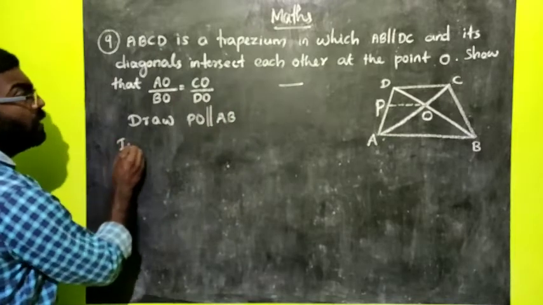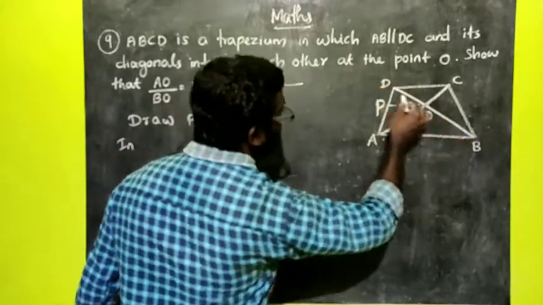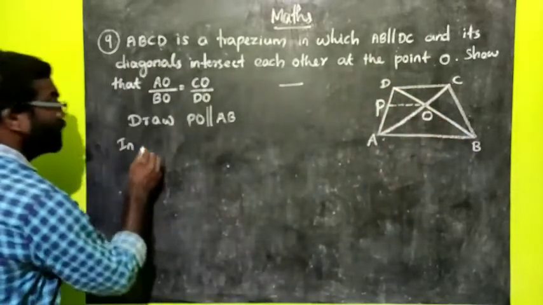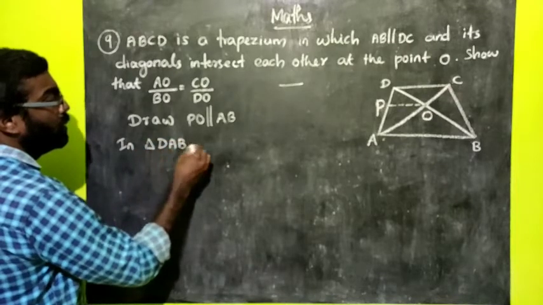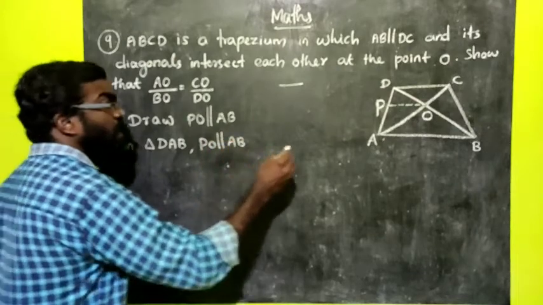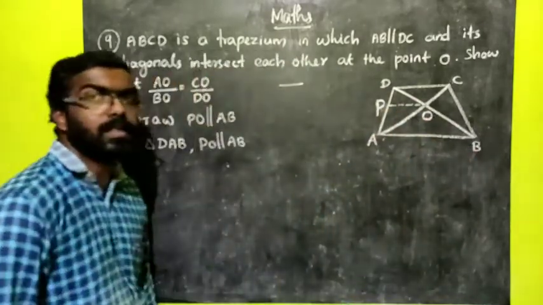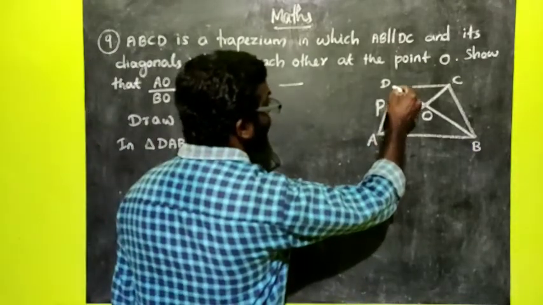Now take the triangle DAB. So in triangle DAB, PO is parallel to AB. This line PO is parallel to AB by our construction. So we can apply BPT, basic proportionality theorem.